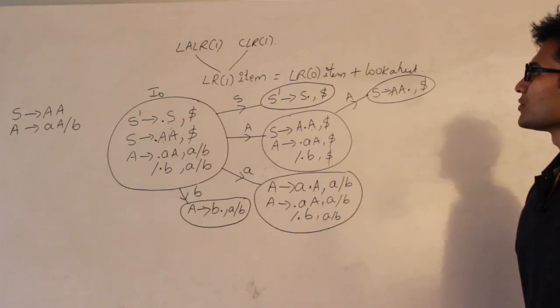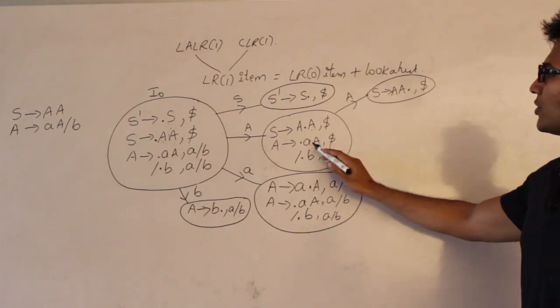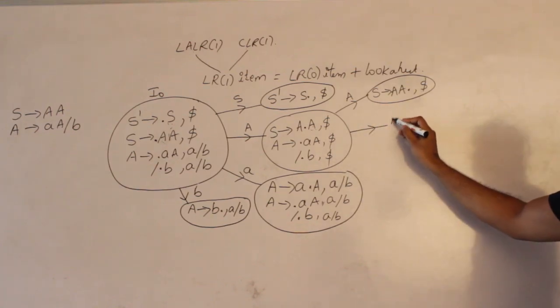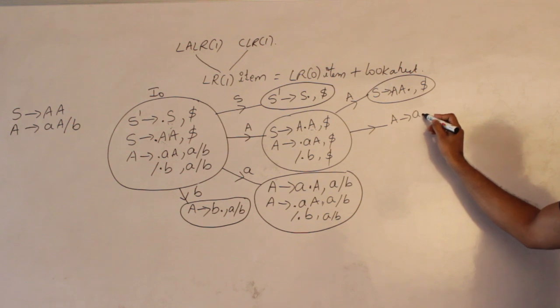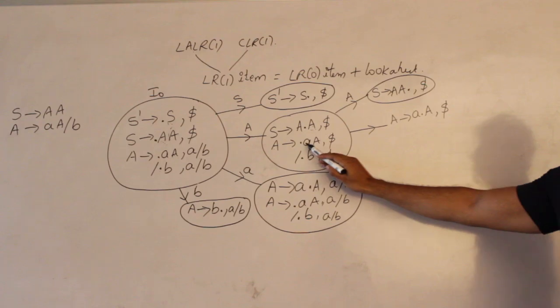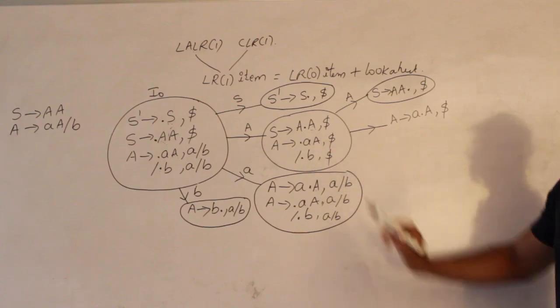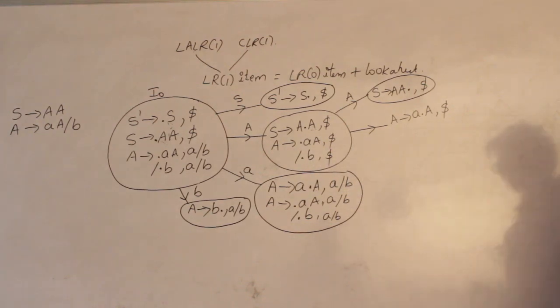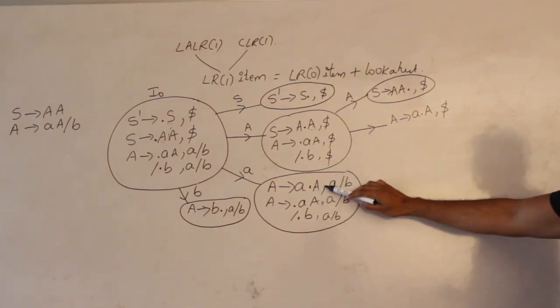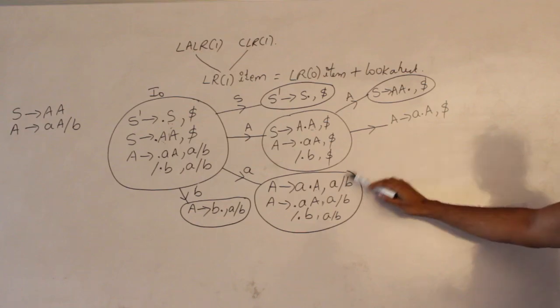And what about this on small a? On small a, it is going to give us A derives small a dot capital A, comma dollar. Why? I have moved this dot to the right of small a, and you might observe that this state and this production are the same, but in terms of look aheads they are different.